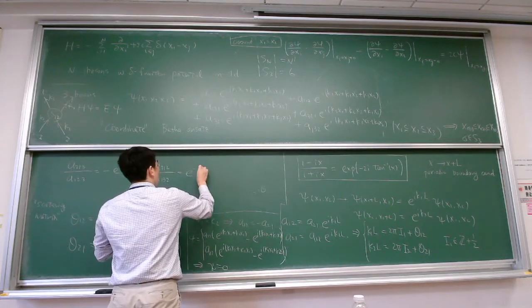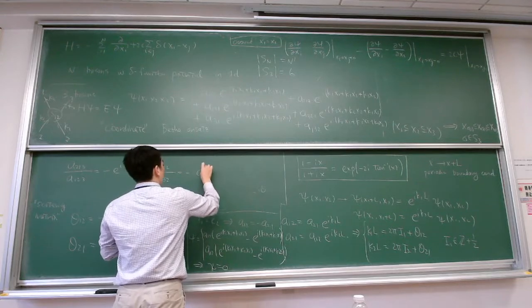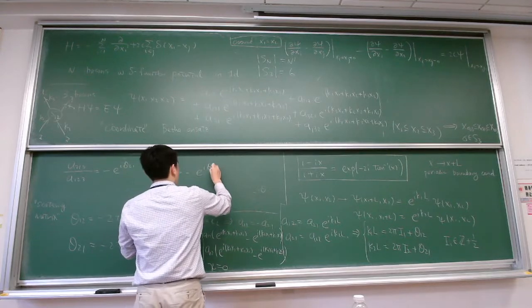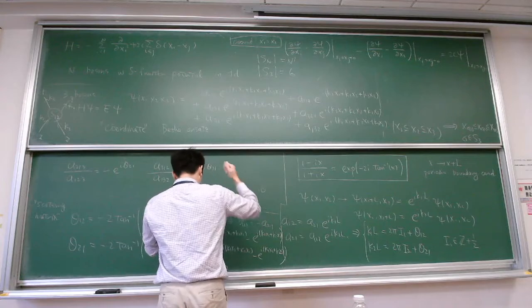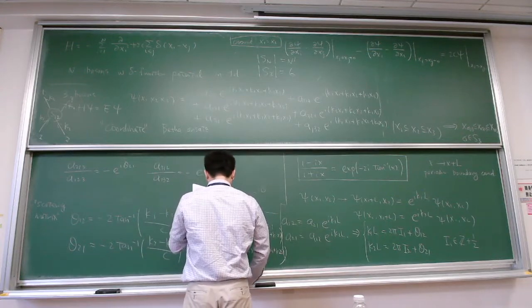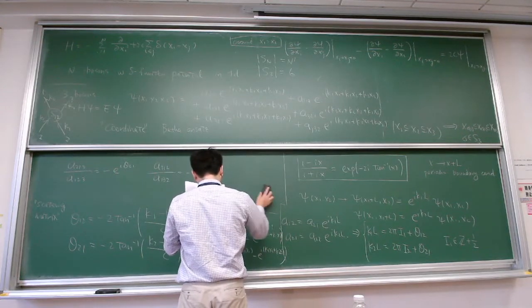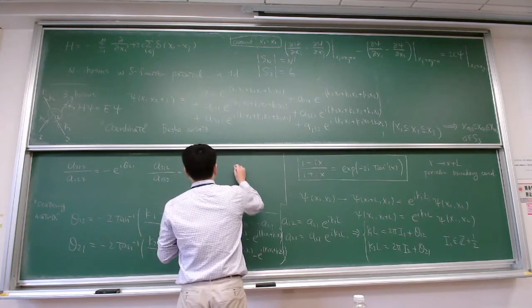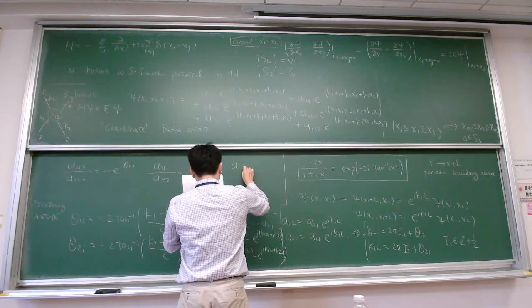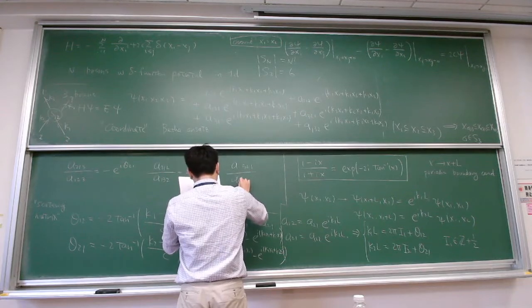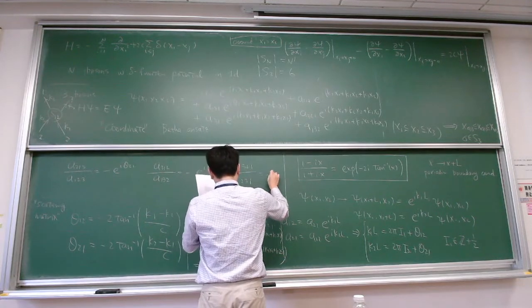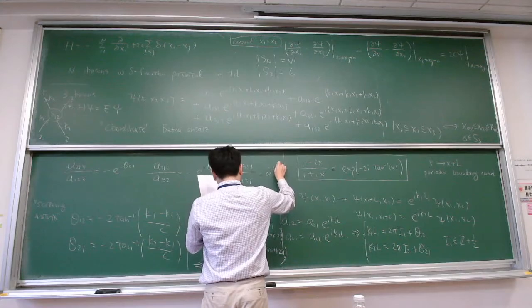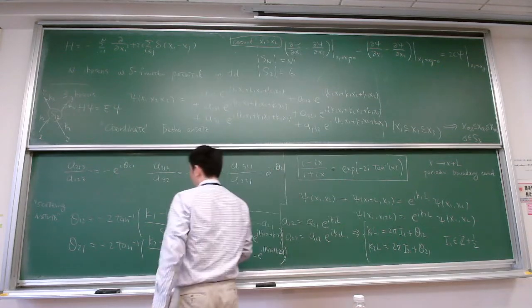Then A(3,1,2) over A(1,3,2) is equal to minus e^{i theta_31}, and then A(3,2,1) divided by A(2,3,1) is equal to e^{-i theta_32}.